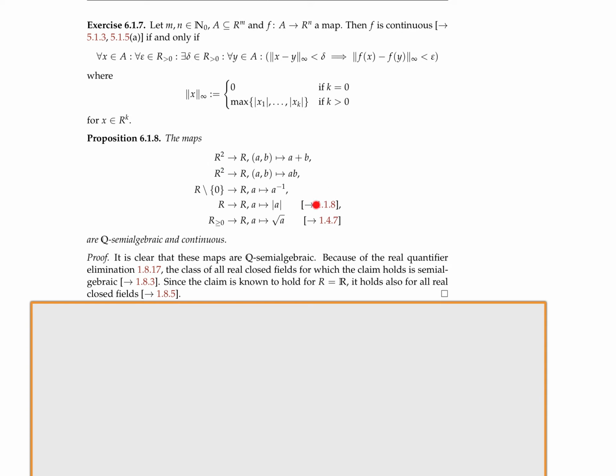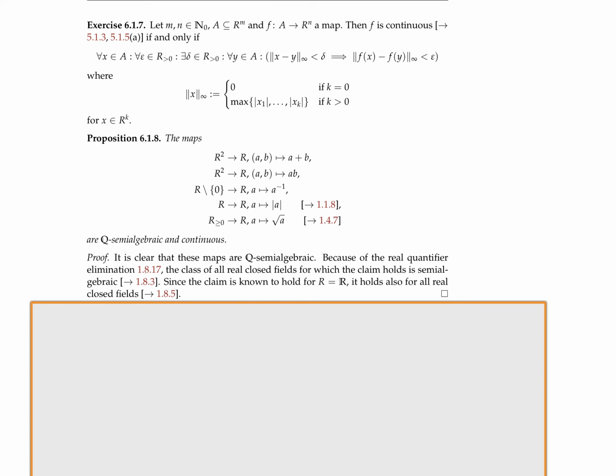However, we are lazy, and we want to use the results which we know already for the real numbers, and to transfer them. I apply essentially Tarski's principle.